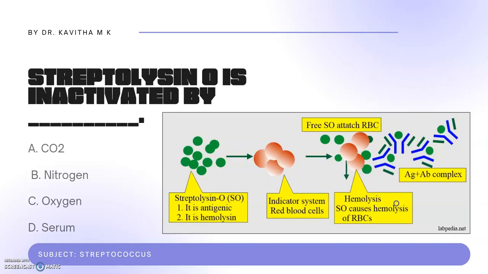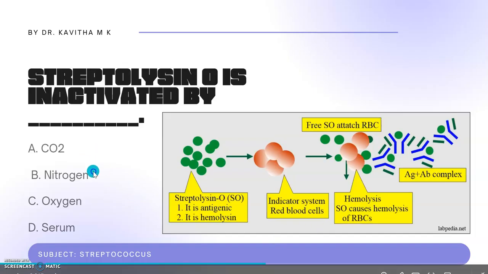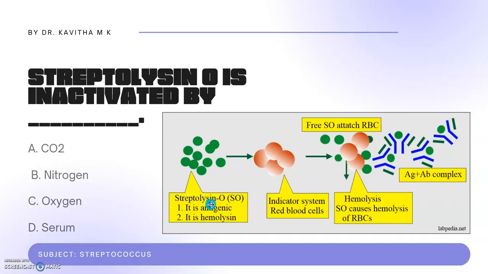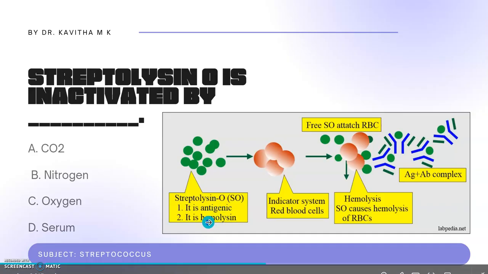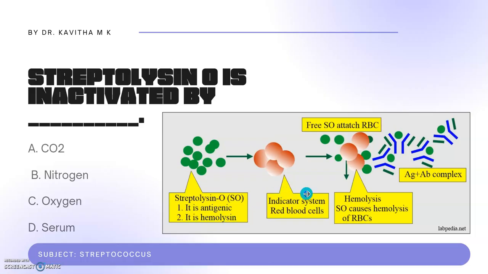The next question is, streptolysin O is inactivated by which of these? Is it carbon dioxide, nitrogen, oxygen or serum? So streptolysin O is an antigen produced from streptococci and it is responsible for hemolysis, so it is a hemolysin.